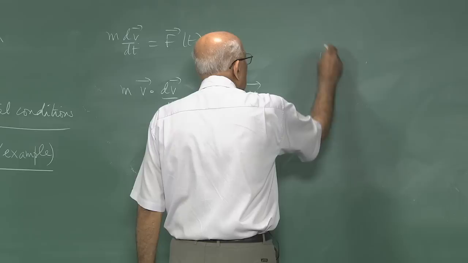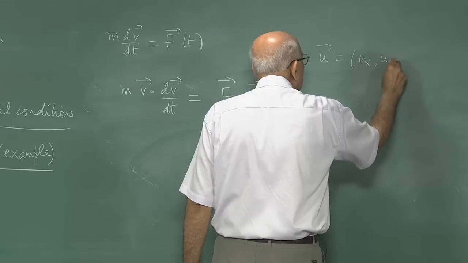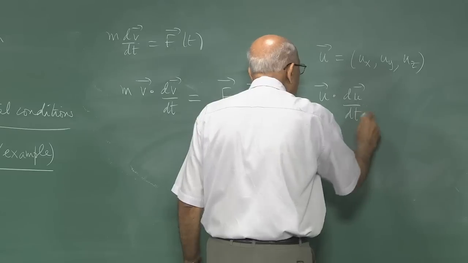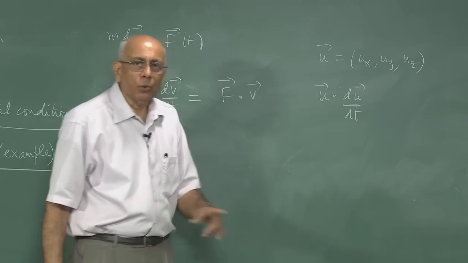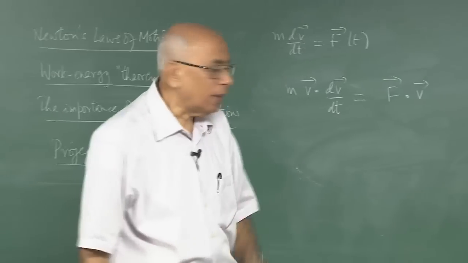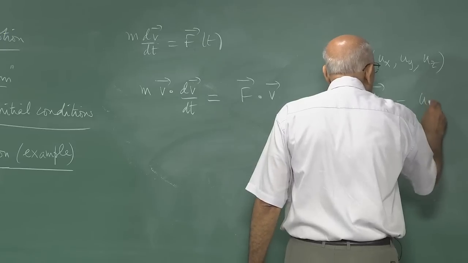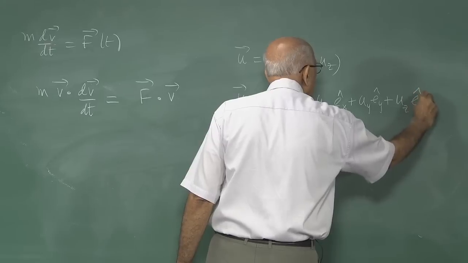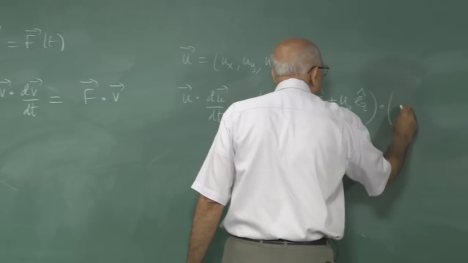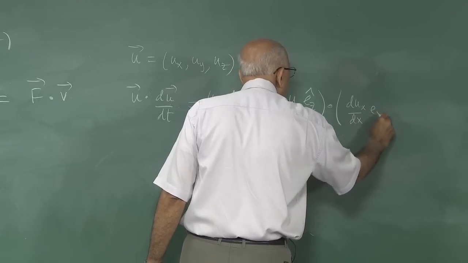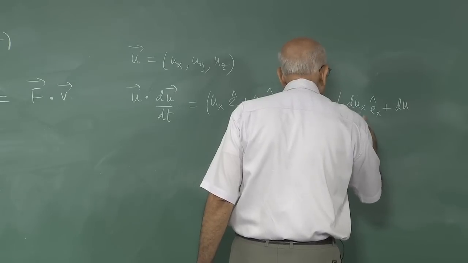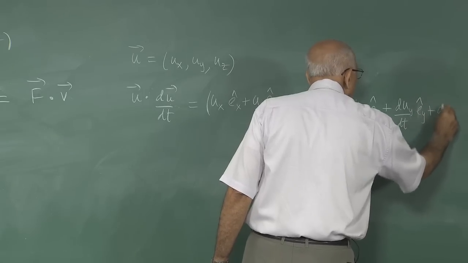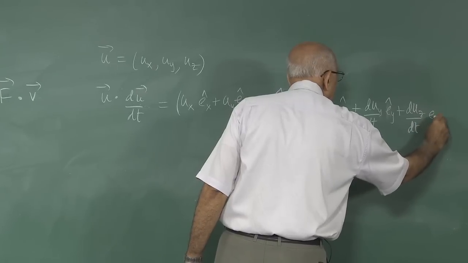If you give me any vector u and you write it in Cartesian components as ux, uy, uz, then u dot du over dt, if u is a function of time, in other words its components change with time, is ux ex plus uy ey plus uz ez, dotted with dux over dt ex plus duy over dt ey plus duz over dt ez.